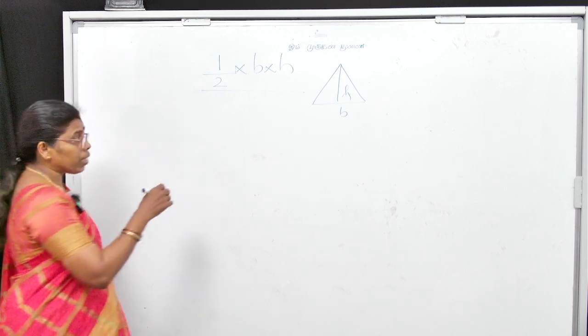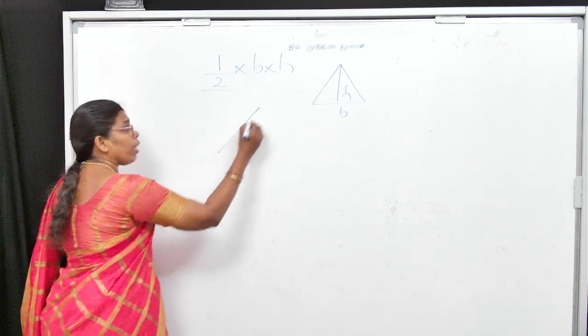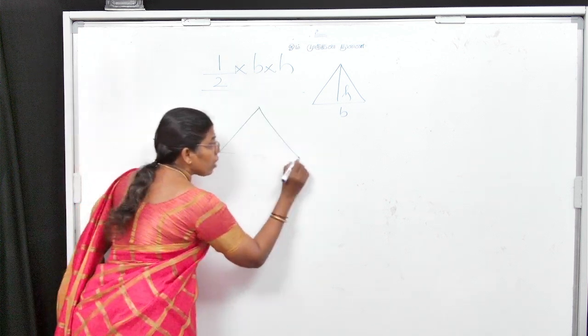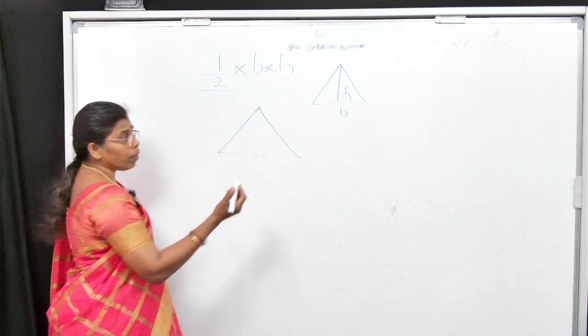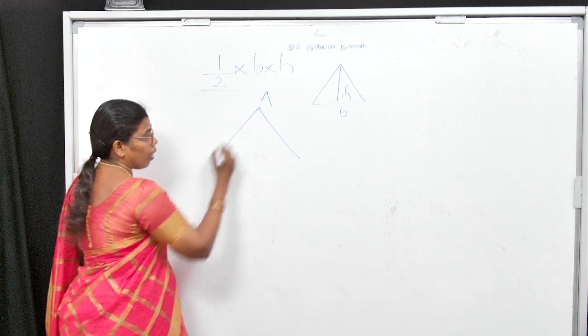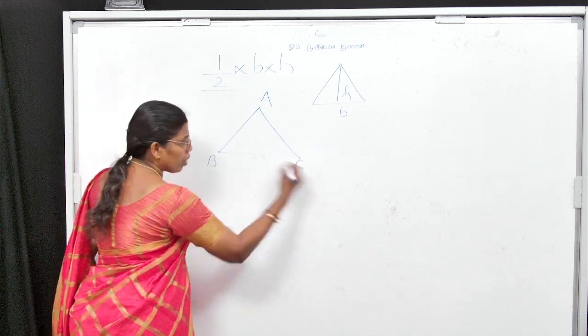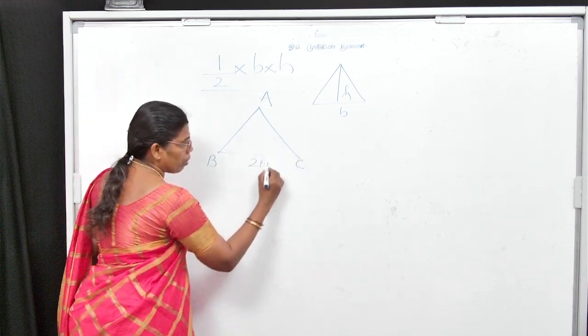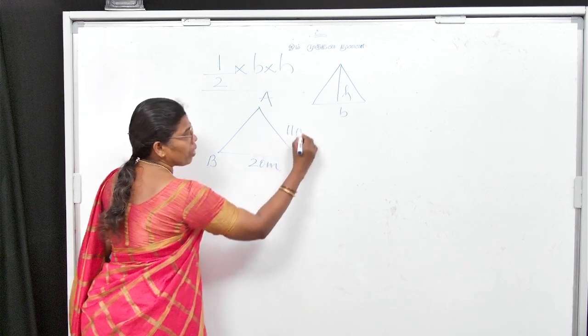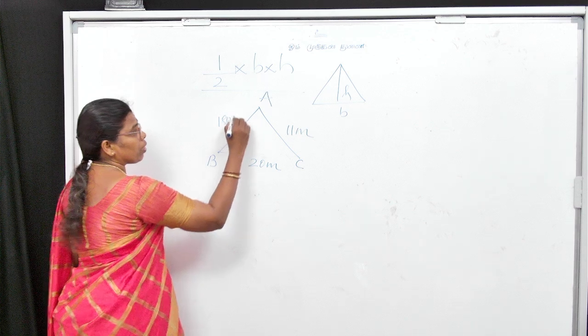But now let us see how to find the area of a triangle when three sides are given. For example, I have taken a triangle A, B, C. Suppose this is 20 meter, this is 11 meter and this is 18 meter.